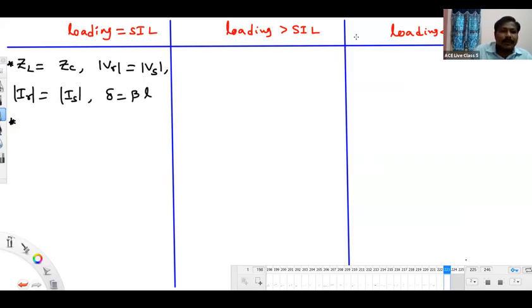That line is going to be called a flat line. Is it a lossless line? Yes. So the line is a flat line, and of course it is lossless.